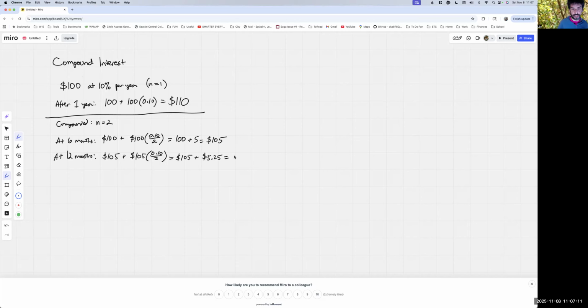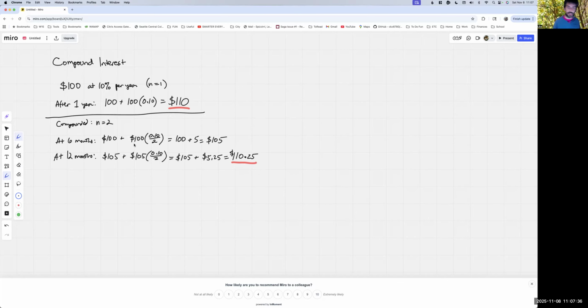And that makes our grand total $110.25. If you notice, we started out getting 10% at the end of the year, which gave us 110. Here we're getting a little more than 110. A quarter's not a lot, but these kinds of differences add up over time.